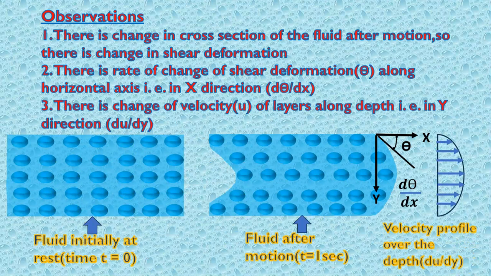And the third point is there is a change in velocity of layers along the depth, that is in the y direction, that is there is du by dy. U represents the velocity over the depth, which I have already mentioned, that there is a change in velocity over the depth with 0 at the edges to maximum at the center.